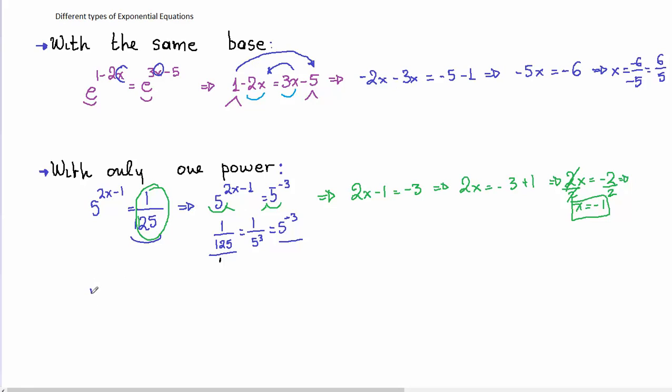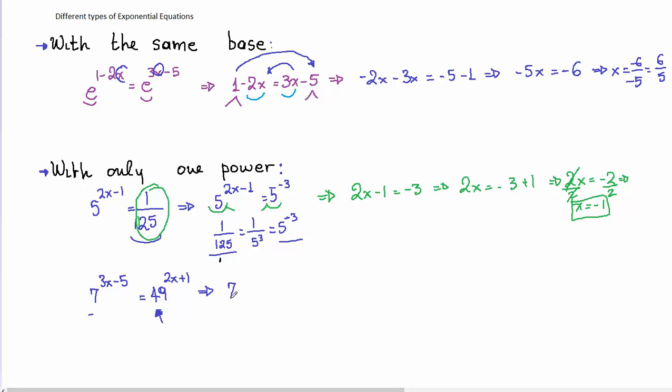So let's work on the following problem. 7 to the 3x minus 5 equals 49 to the 2x plus 1. Again, the problem right here is that I do have two powers, but the powers are different. The beauty of that is that the 49 has some relation with 7. What is the relation of 49 with 7? Well, it's 7 squared.